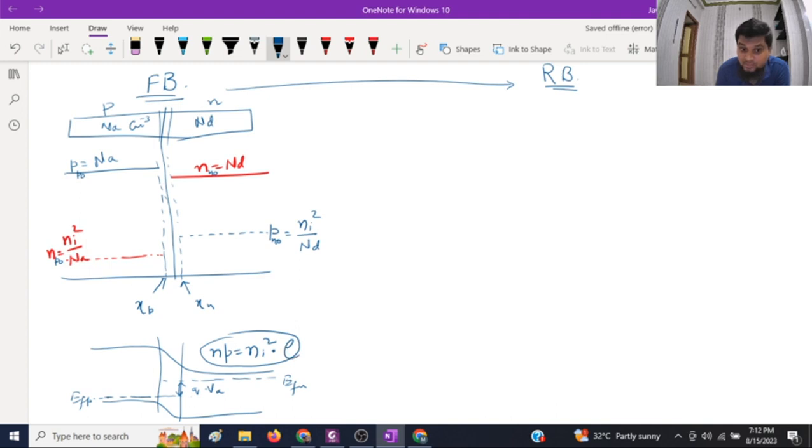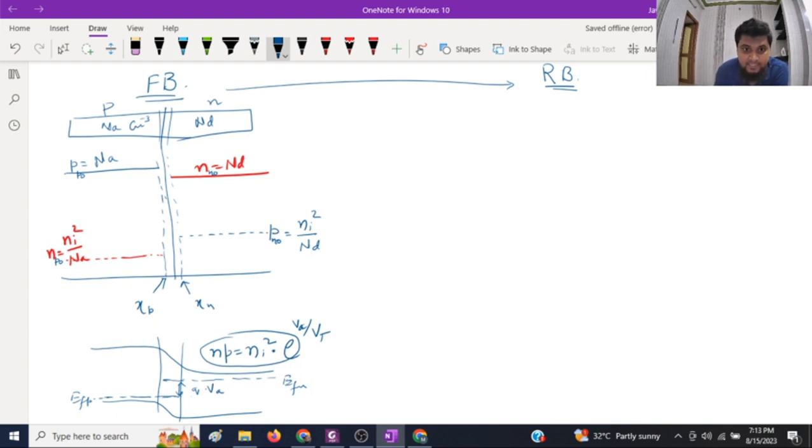Okay, here this Np will be more than Ni square. In fact, it is e to the power Va upon Kt. Sorry, Kt upon Q, so I should write it Vt. So Va is the forward bias divided by Vt. So the Np value that exists in this junction region will be even greater. So what will be the P value over here?